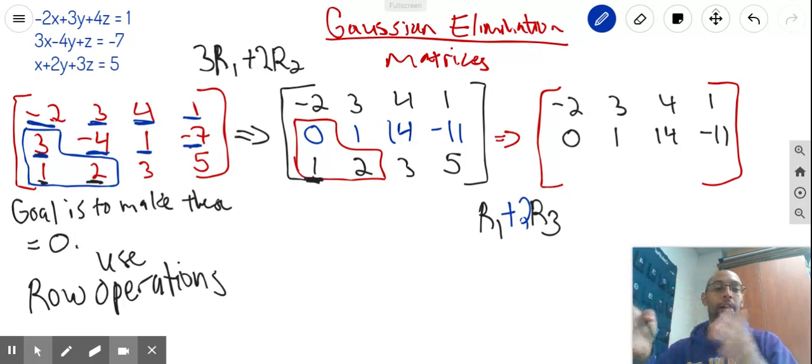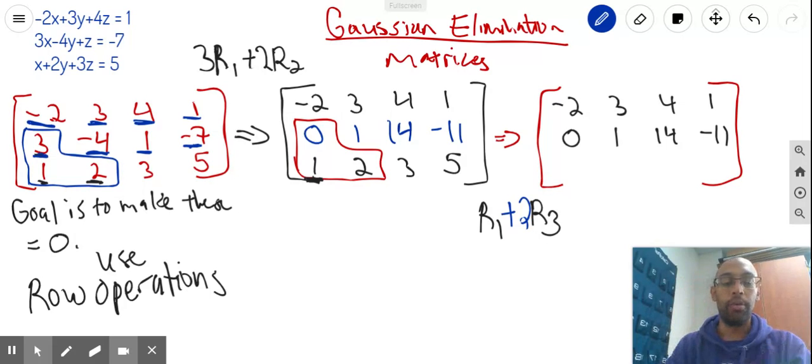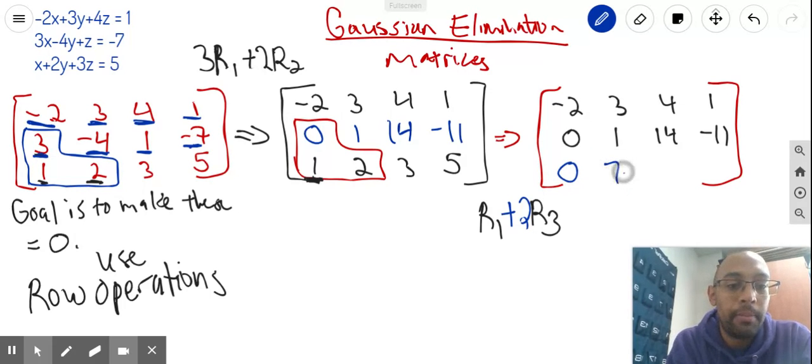So now every number in row 1, I'm going to add it to 2 times every number in row 3. So -2 plus 2 times 1, that's -2 plus 2, that's 0. 3 plus 2 times 2, that's 3 plus 4, that's 7. 4 plus 2 times 3, that's 4 plus 6, that's 10.